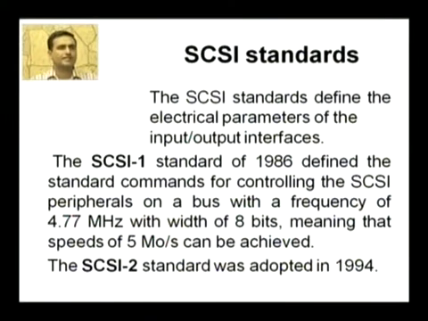Now there are the various SCSI standards. The SCSI standards define the various electrical parameters of the input-output interfaces. The SCSI 1 standard of 1986 defined the standard commands for controlling the SCSI peripherals on a bus with a frequency of 4.77 MHz and a width of 8 bits, meaning that a speed of 5 Mbps, megabits per second, can be achieved.